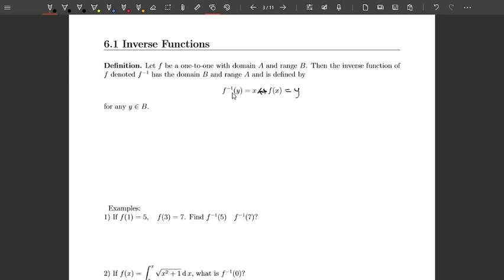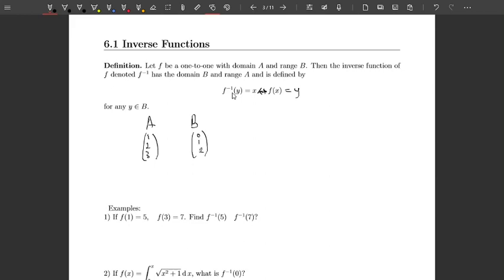Now, if you want to think about this the way we did before, imagine that we have the set A and the set B. This set here is A, with values maybe 1, 2, 3, and it is the domain, and the range has values 0, 1, 2.